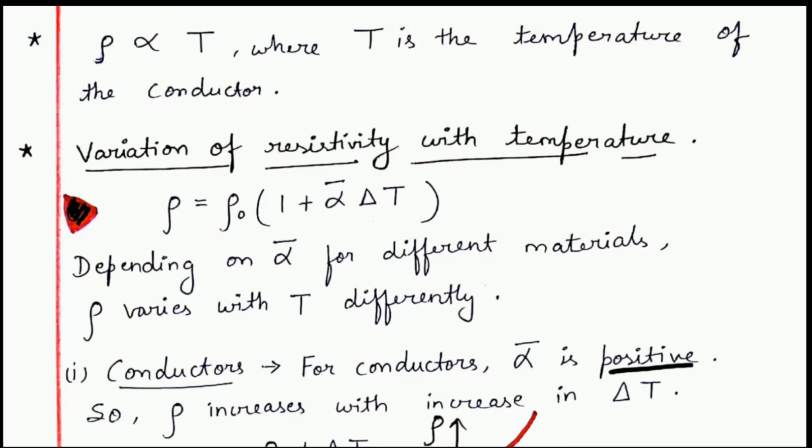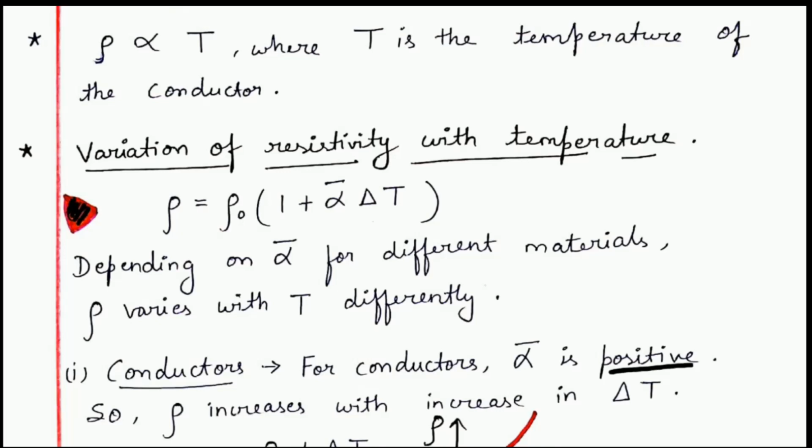The value of alpha bar is different for different materials. It is a constant called the temperature coefficient of resistivity, and depending on its value, the variation of resistivity with temperature can be read.